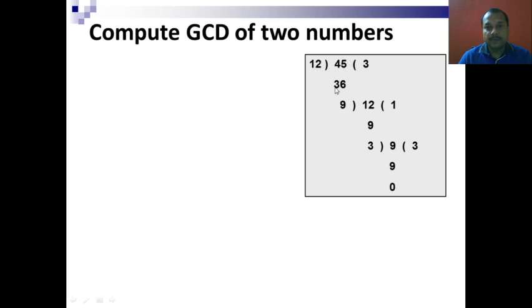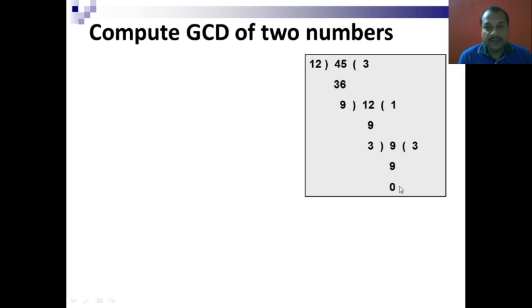After the division, my remainder is 9, because 12 multiplied with 3 is 36 here, and the remainder is 9. And since my remainder is 9, now I am dividing 12, which is coming from here to here, so I am dividing 12 by 9. After this division, I am getting 3 as a remainder. Now I am dividing 9, coming from here, by 3, and after this division I am getting 0 as a remainder.